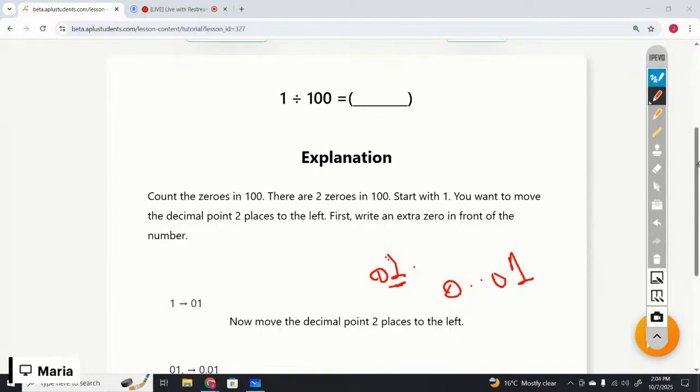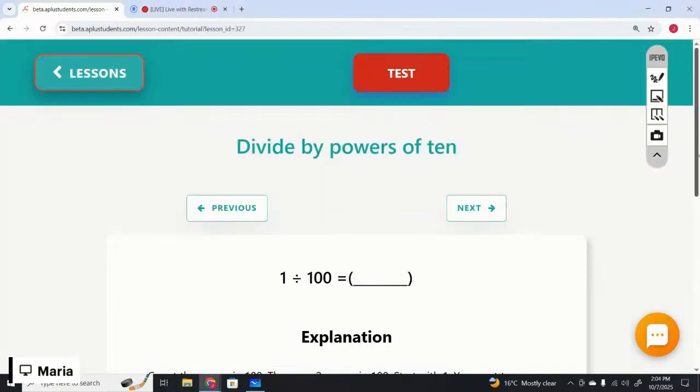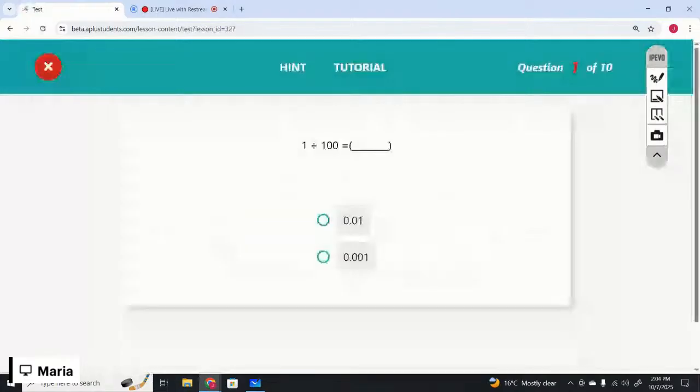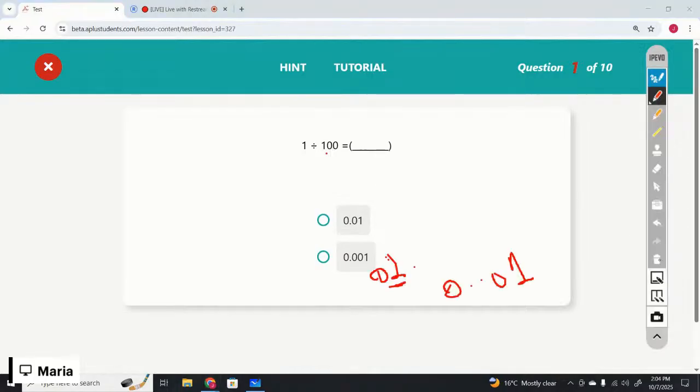Okay, let's just start with the test questions. One divided by 100, that's the one we just did in the tutorial. You need to count the number of zeros in the divisor. We have two zeros. So you need to move the decimal point two places left.